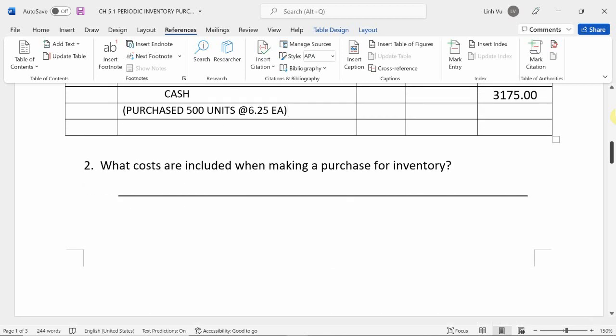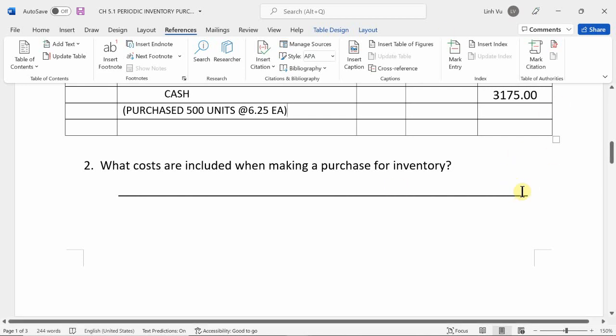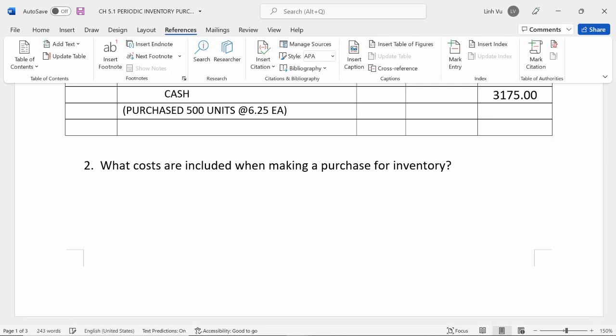Question number 2. What costs are included when making a purchase for inventory? Sales tax, shipping, and the main one you have to pay for, your purchase price.